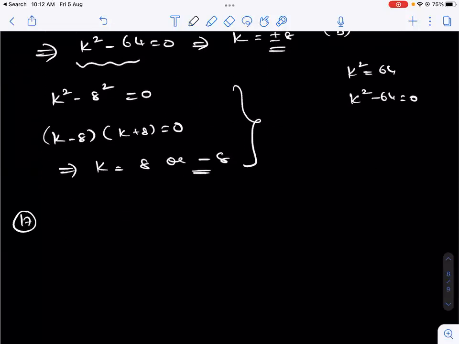17th. k square x square plus kx plus 1 is equal to 0 has... find the discriminant. Discriminant is b square minus 4ac. So how much will it be?